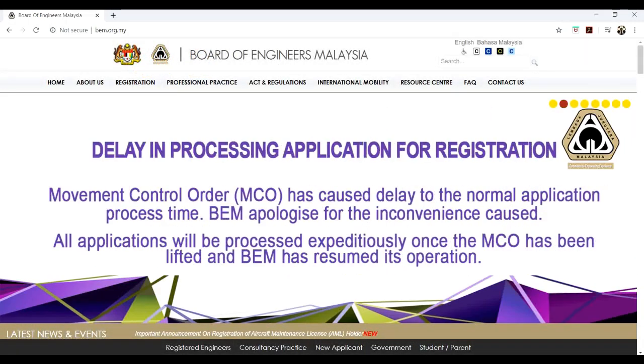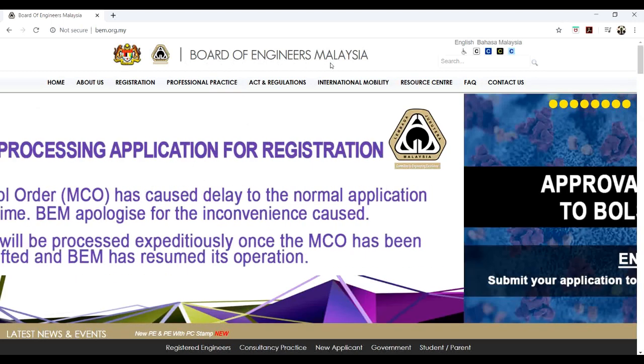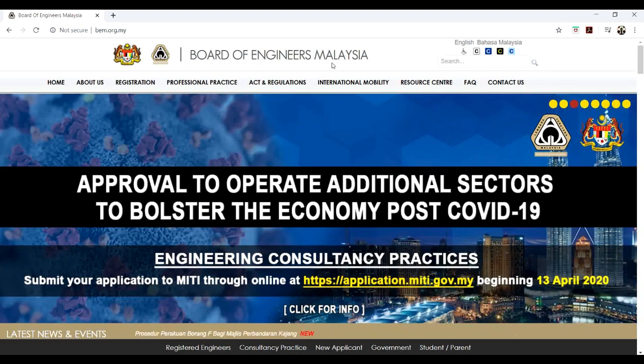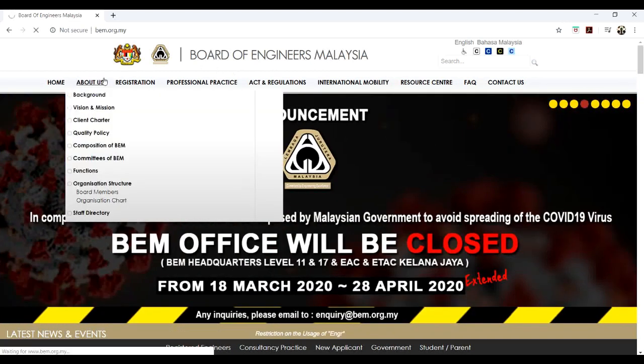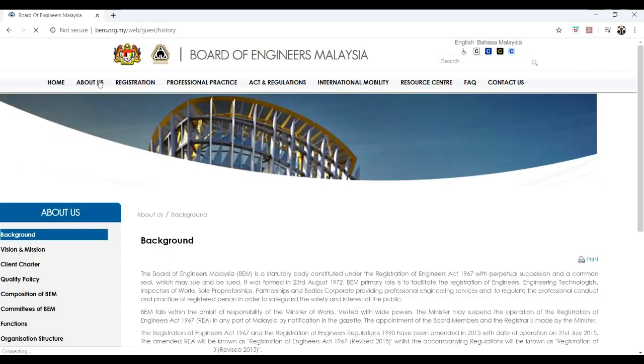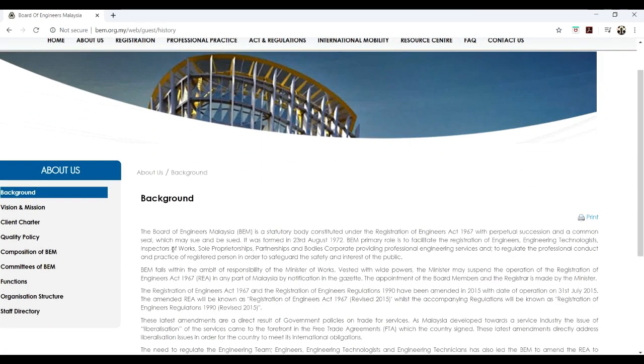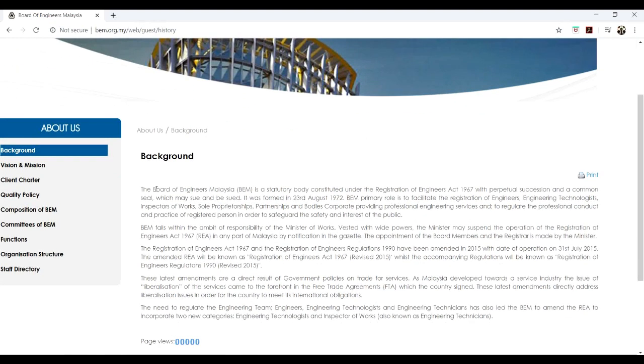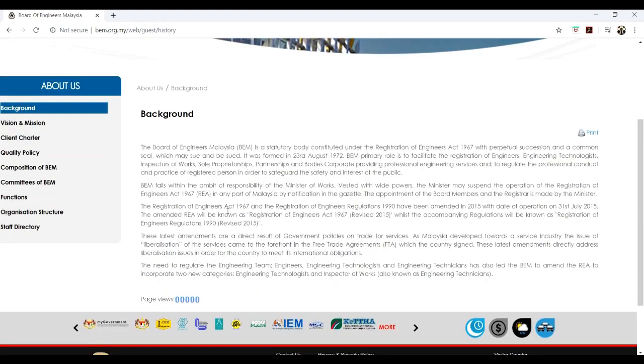To get a better understanding of what the Board of Engineers Malaysia BEM is, you can go to the About Us submenu to get the details here. From here, you can see that the background of BEM can be read and is well explained.